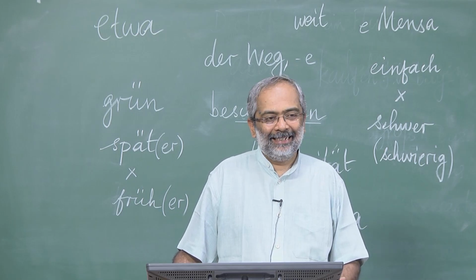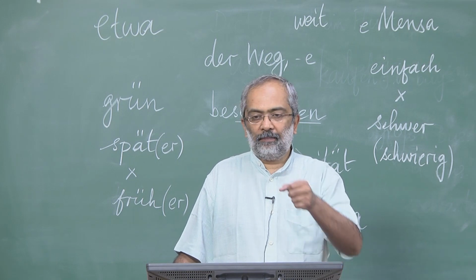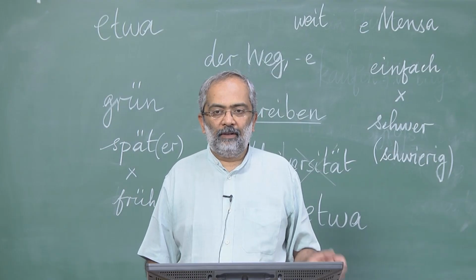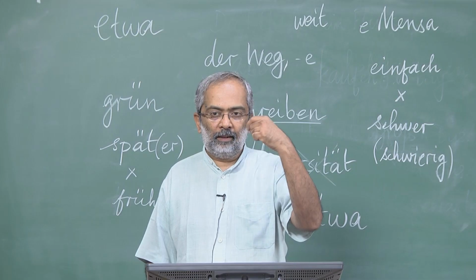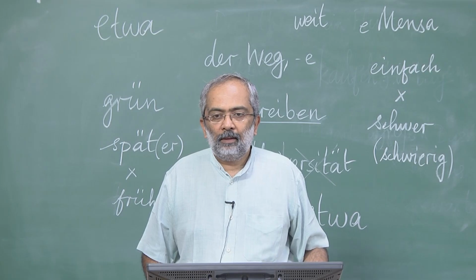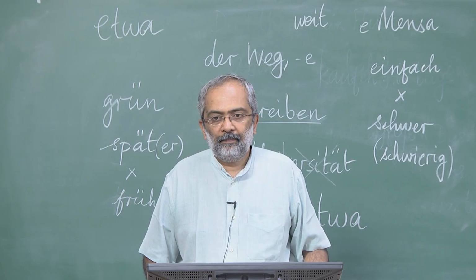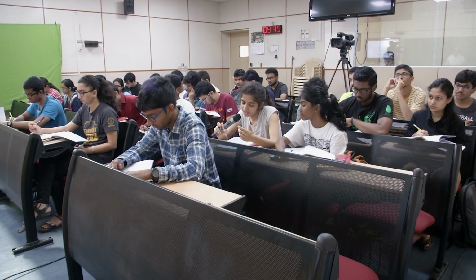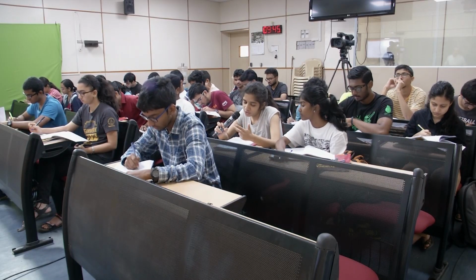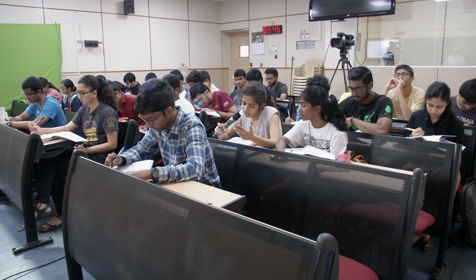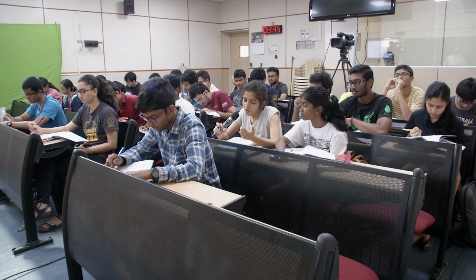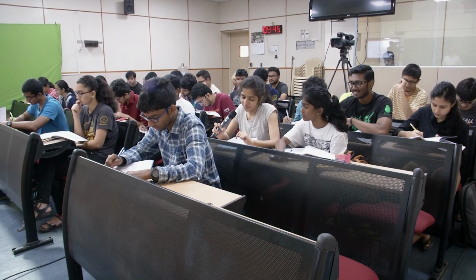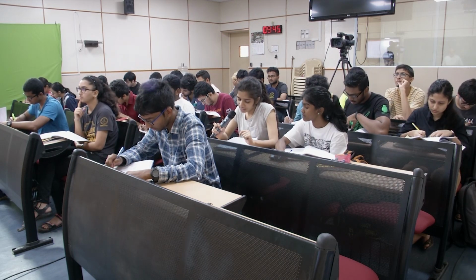Can you just go through the list once again? Vinny, can you just go through the list once again and pause with the verbs? I'll just make you mark regular, irregular. Schreiben, spielen, lesen, irregular. Gehen, sprechen, irregular. Fahren, irregular.